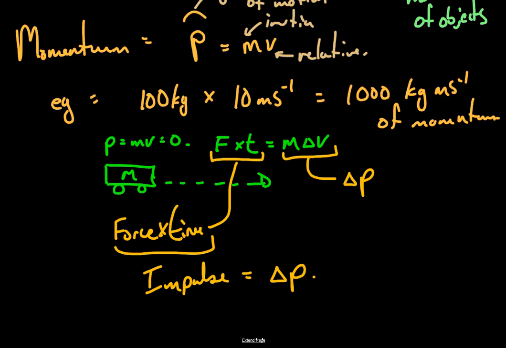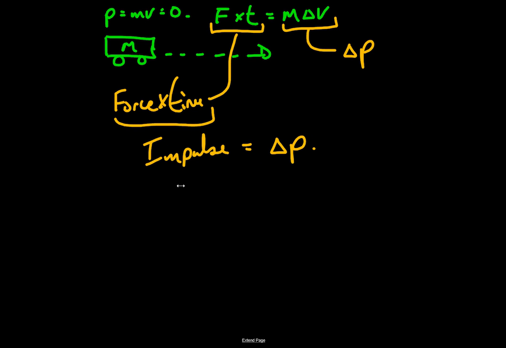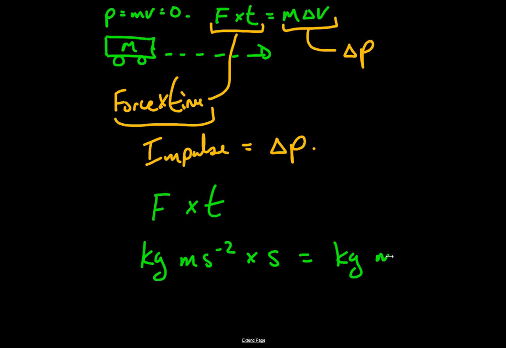So the question then is, what units would we be working in? Let's just see if it all adds up. Force times time. Well, force is measured in newtons, and newtons are kilograms meters per second squared, times time measured in seconds gives us a unit of kilogram meters per second.